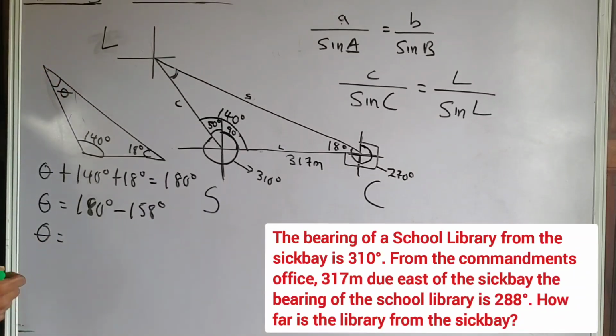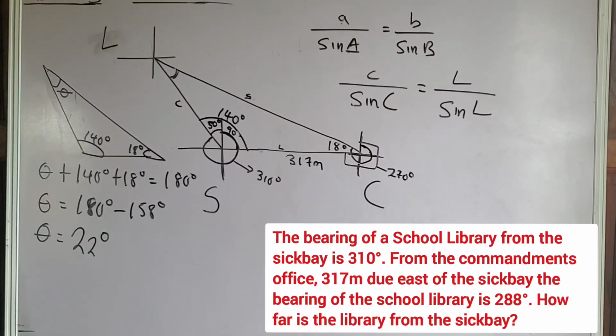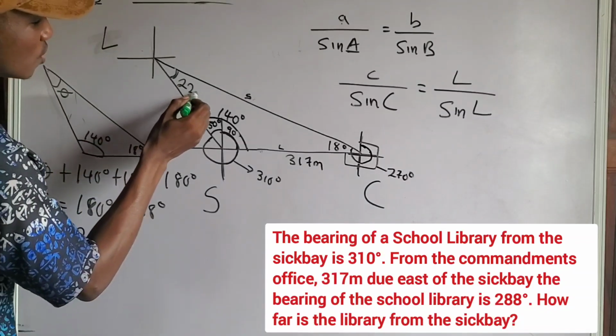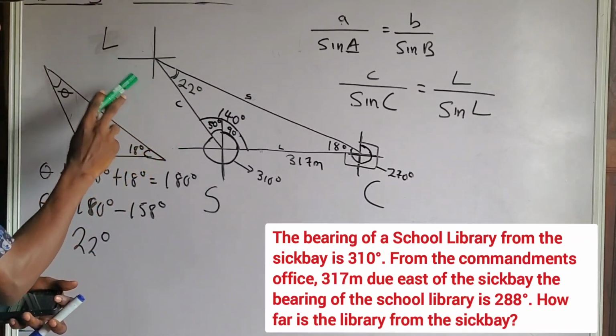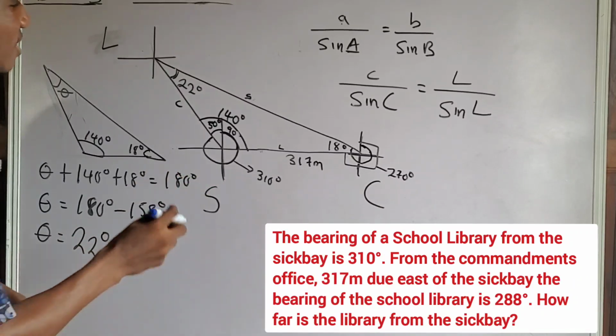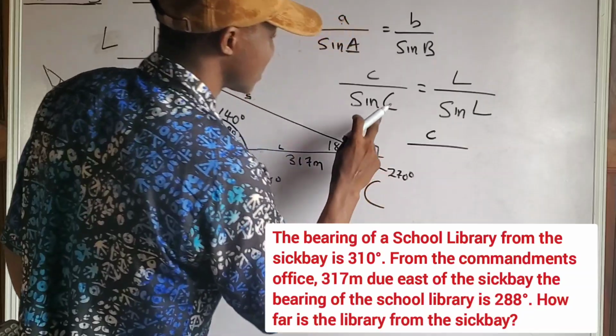Theta equals 180 degree minus 158 degree, that is 22 degree. So the angle here is 22. So we can easily determine the value of line LS. We don't know the value of c, so let's represent c over sine C.